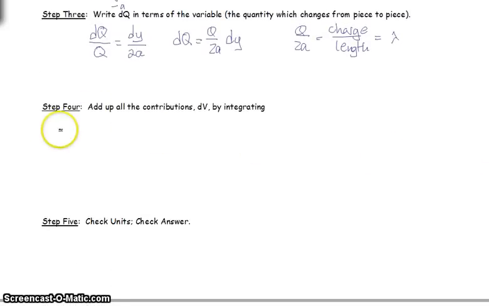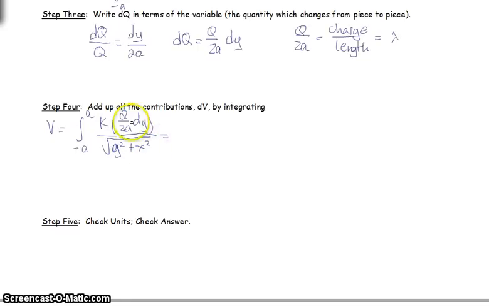So now we have V is the integral, the sum from the bottom piece to the top piece, negative a to a, of k, and I substitute in dq, which I solved for as q over 2a dy, divided by the square root of y squared plus x squared.